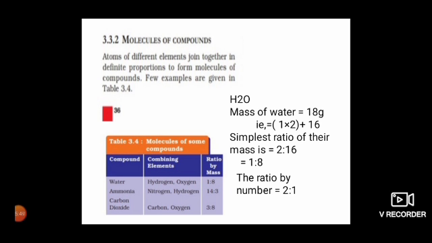What is the ratio by mass? The mass of hydrogen is 1 into 2, and the mass of oxygen is 16. So 2 to 16, in simplest ratio, is 1 to 8. So please remember these 2 points: ratio by mass and ratio by number.